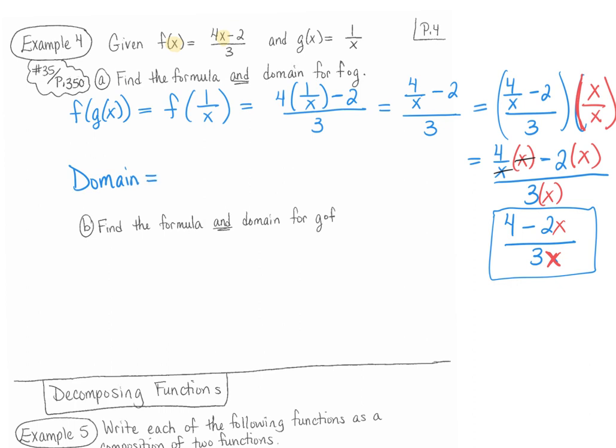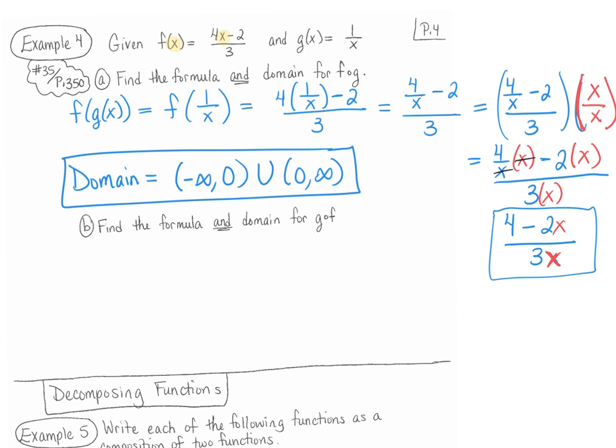Wait a minute, so you're telling me all real numbers make this denominator 0? So we could put in 3. If we put in 3, does that make our denominator 0? No. What makes our denominator 0? 0. So our domain would be all real numbers except for 0. And we need to put that in interval notation. Very good. So this would be negative infinity to 0. What goes in between? Union. Good. 0 to infinity. That's your domain. Those are the two parts.